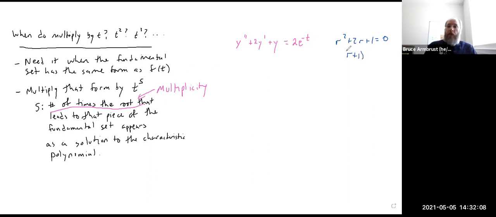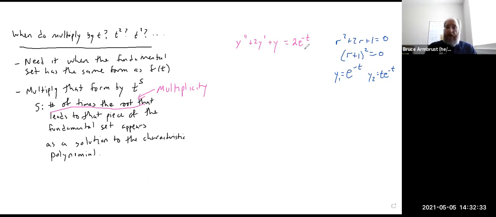So this guy would be r plus 1 quantity squared equals 0, which gives us e to the minus t. Right? So that's y1. Now we already saw, because it shows up again, we need a t e to the minus t.